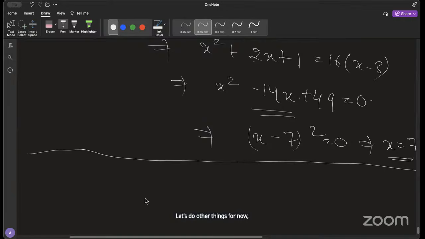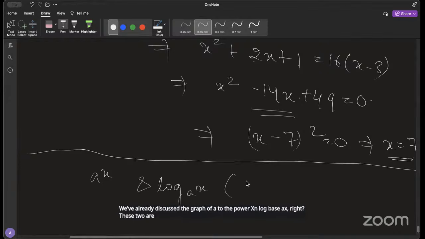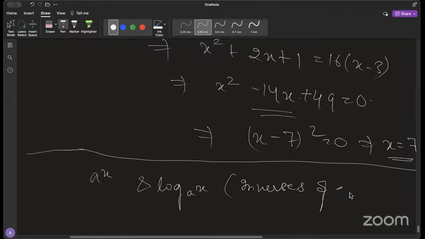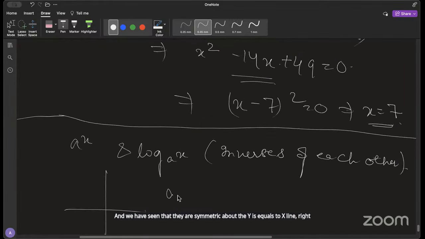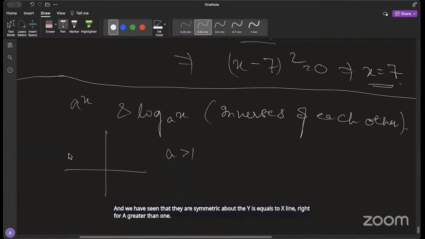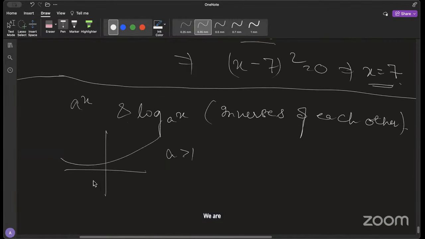Let's just come to the graph of a to the power x and log base a of x, which we've already discussed, right? These two are inverses of each other, and we have seen that they are symmetric about the y equals x line. For a greater than 1, we had this thing and this. I mean, they don't look very symmetric, but they are, right?